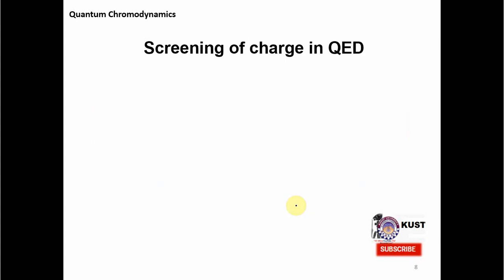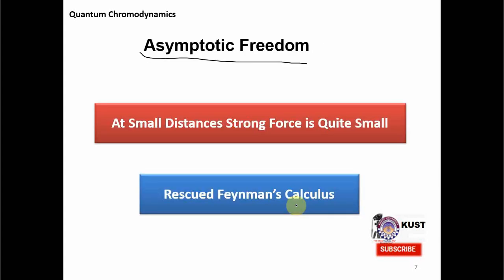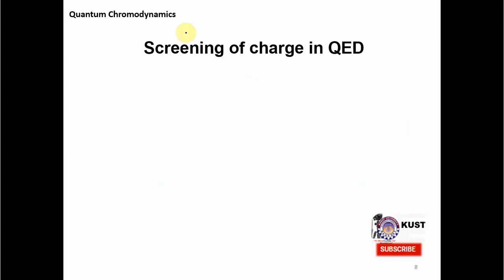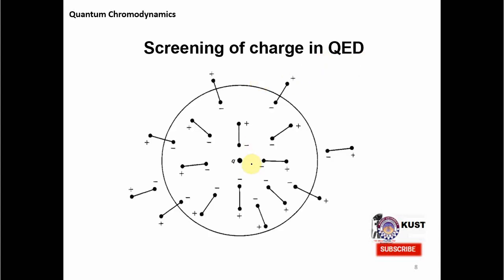So in order to understand the strong coupling constant or the idea of asymptotic freedom, we need to first understand the screening of charge in QED. This phenomenon is like when you have a positive charge over here, and let's say this is some dielectric medium where molecules are present, and there is a positive charge in the center.